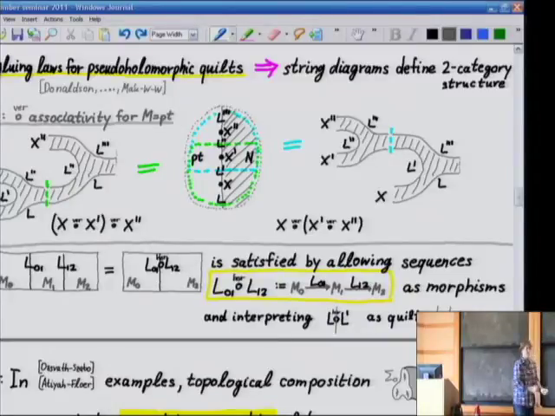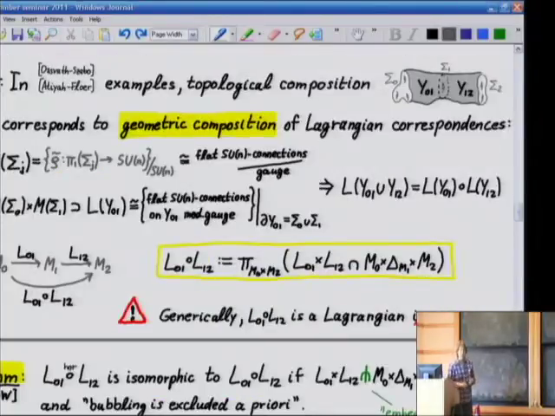So that's the silly part of the theory, and that's something one can simply do. Now in order to actually do something topologically relevant, the composition in our symplectic category should be related to the composition that you do on cobordisms.